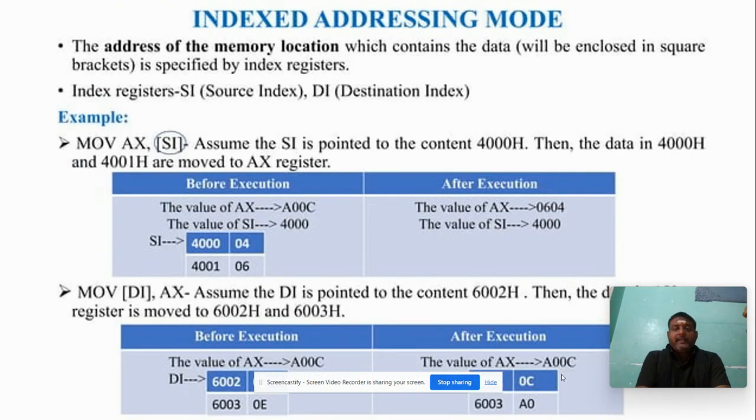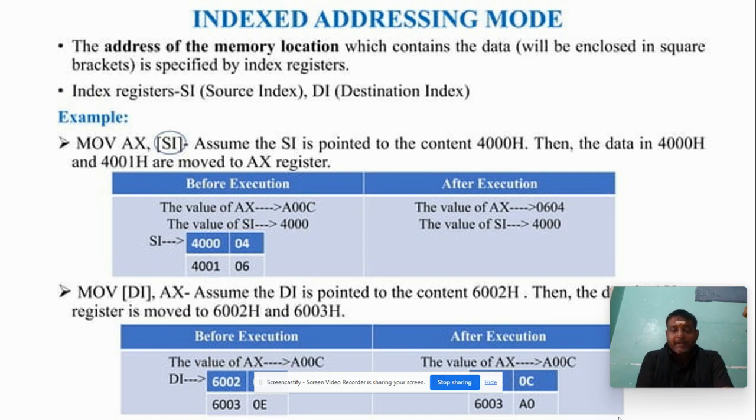Next one, indexed addressing mode. In this addressing mode, the address of the memory location which contains the data is specified by the index registers. The 8086 microprocessor has two index registers, SI and DI, source index and destination index.